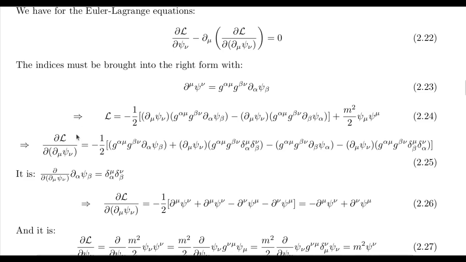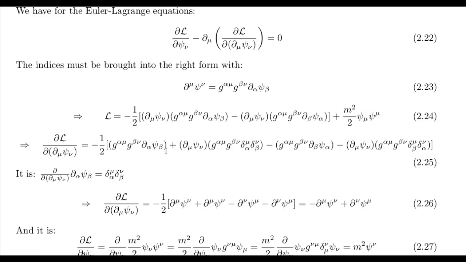Now here we have the differential quotient. We have to differentiate now with respect to the derivatives of psi. And so if we consider here the first term, then this is the same as here. That means this is vanishing and we get this.